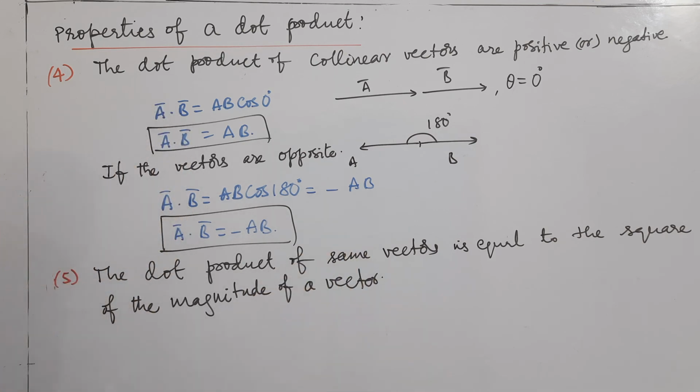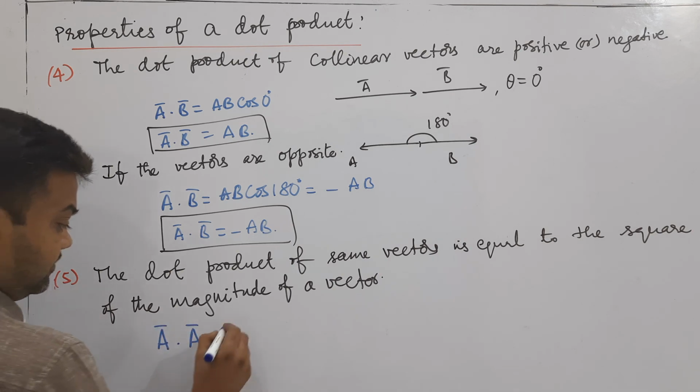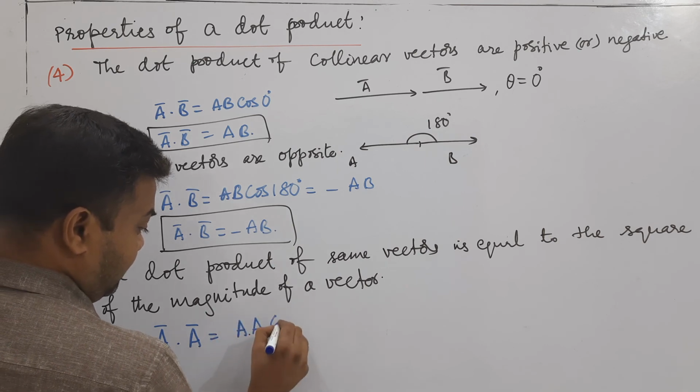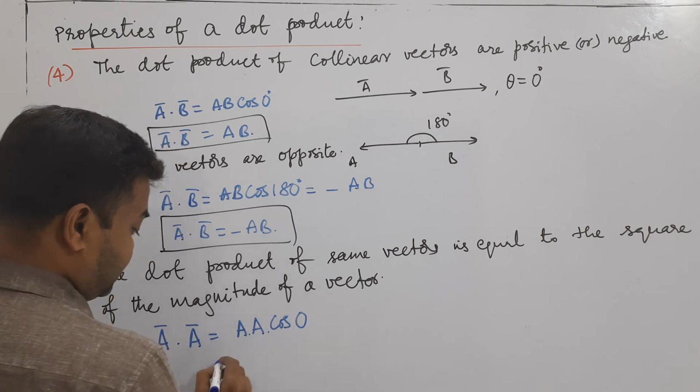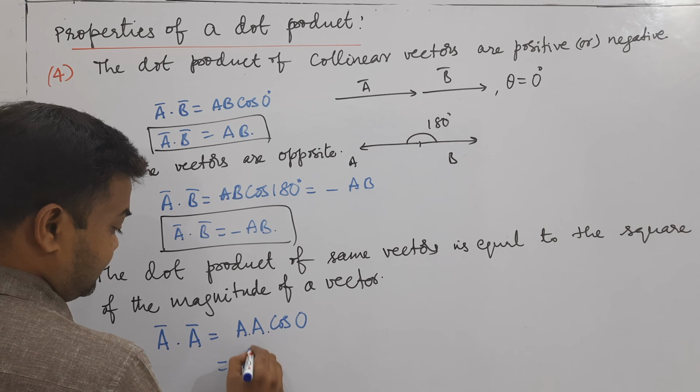What is the meaning of this? Suppose I write A bar dot A bar is equal to AA. Both are the same, no? That's why cos 0, and cos 0 is 1. That's why we can write A squared.